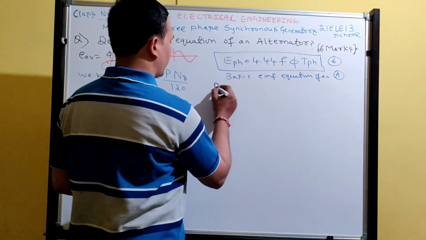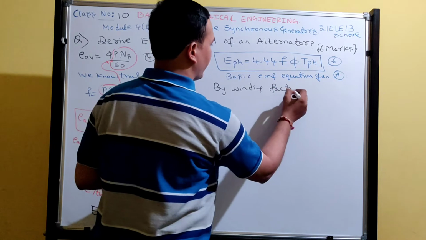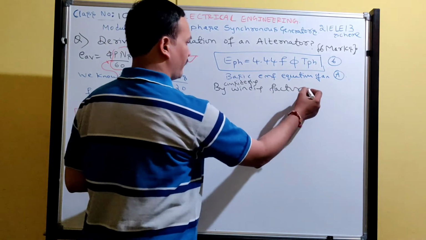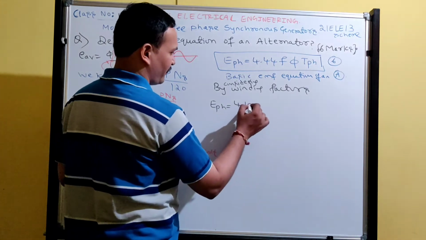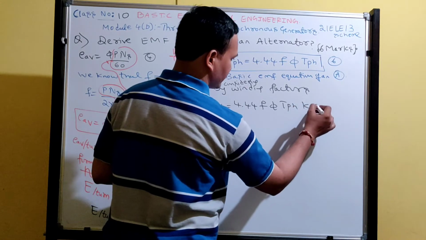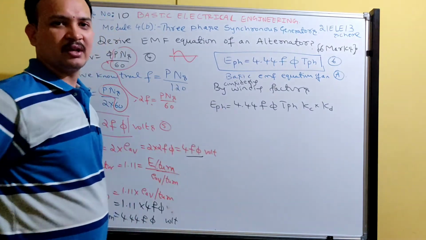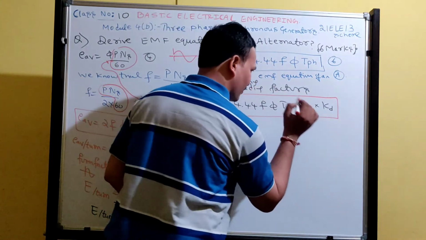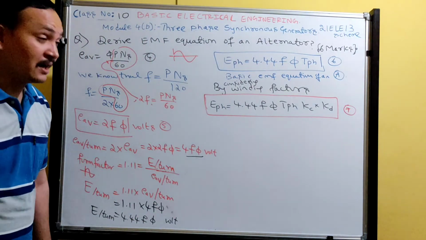By considering winding factors, the EMF equation is given as EPH equal to 4.44 F phi TPH Kc into Kd. This is the exact EMF equation. While solving problems, you have to use this formula only. Equation 7 is the exact EMF equation of an alternator.